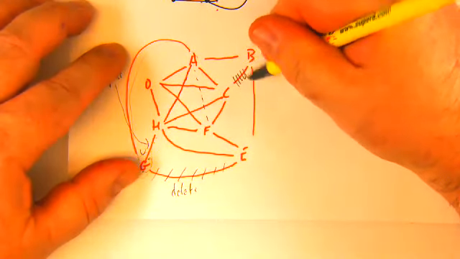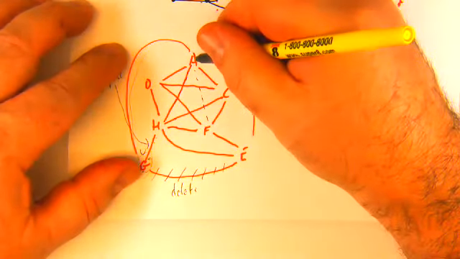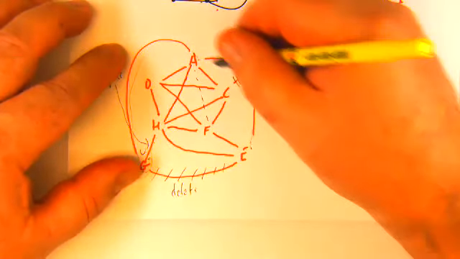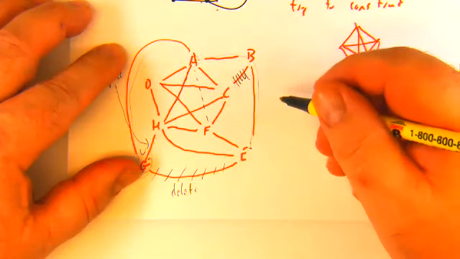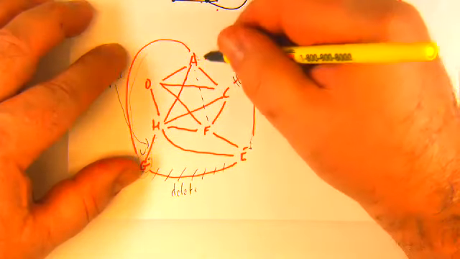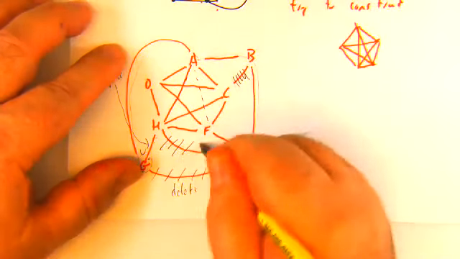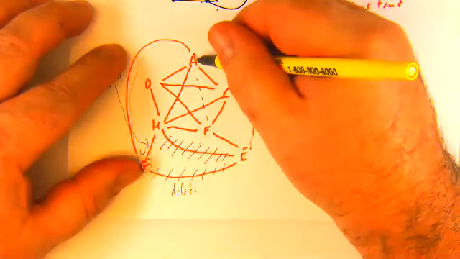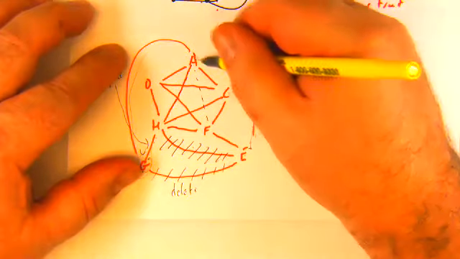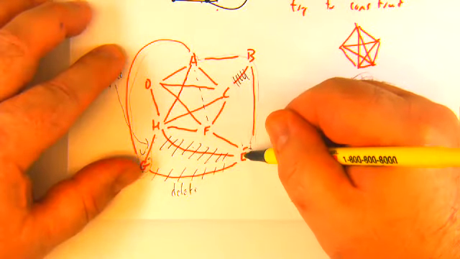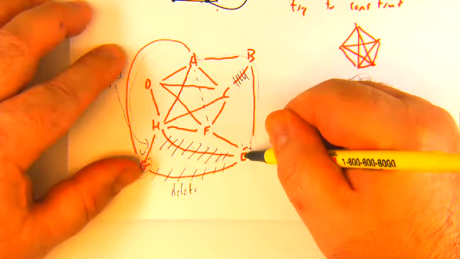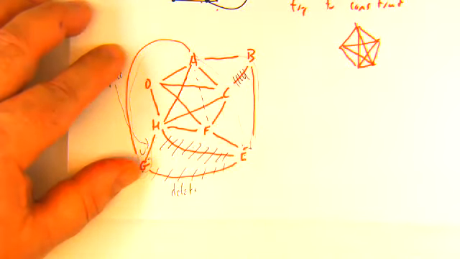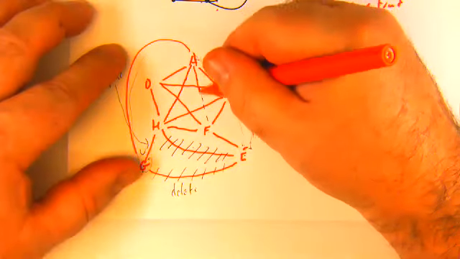Well, if I delete this, then I can replace ABE with just a path directly from A to E. But once this is deleted and this is deleted, I can replace this with a direct path from A to E, but then E is a degree 2 vertex, so I can replace the path that's AEF with just that.